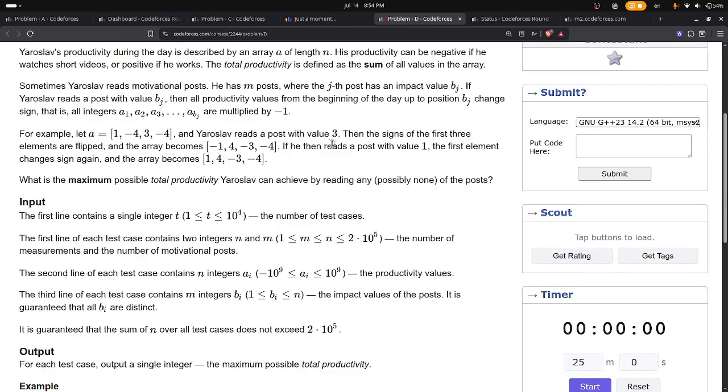Okay, Yaroslav's productivity during the day is described by an array of length n, and his productivity can be negative if he watches short videos or positive if he works. The total productivity is defined as the sum of all values in the array.